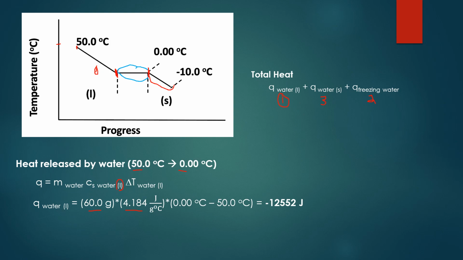And then the change in temperature of water, the final temp of water is 0, so when it starts freezing, and the initial was 50. So when you subtract those two, it's going to give you an overall negative value for our Q of liquid water. So we get negative 12,552 joules.